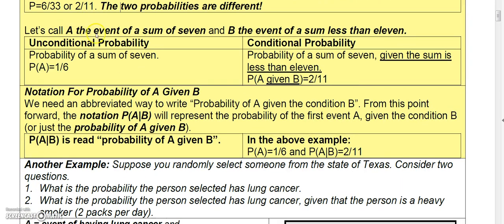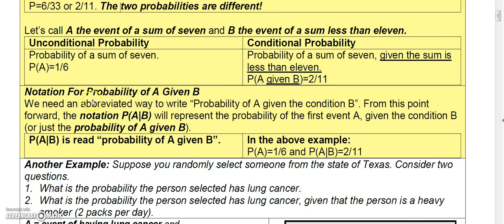Let's call A the event of a sum of 7 and B the event of a sum less than 11, and let's take a look at how this works out. The unconditional probability for the sum of 7 was 1/6. But the probability of a sum of 7 given the sum is less than 11 was the probability of A given event B, which was 2/11. Now we have a way to write this that's shorter than putting in the term given.